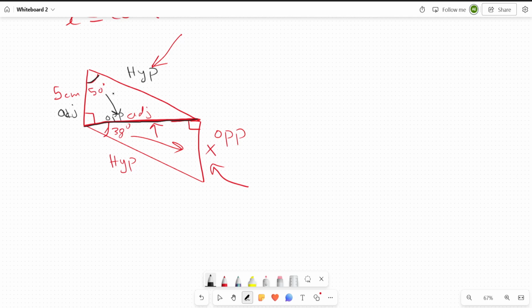So let's take a look. I have my adjacent and I want the opposite. So I need something that relates the adjacent and the opposite, which is TOA, or tan of 50. So I will take tan of my angle, which is 50. This is going to equal the opposite, I will just name it opposite, over the adjacent, which is 5.